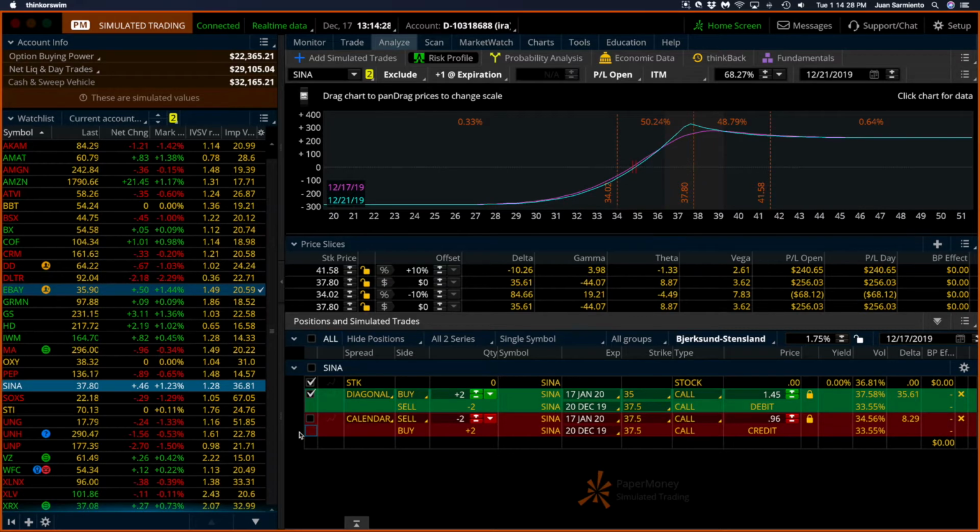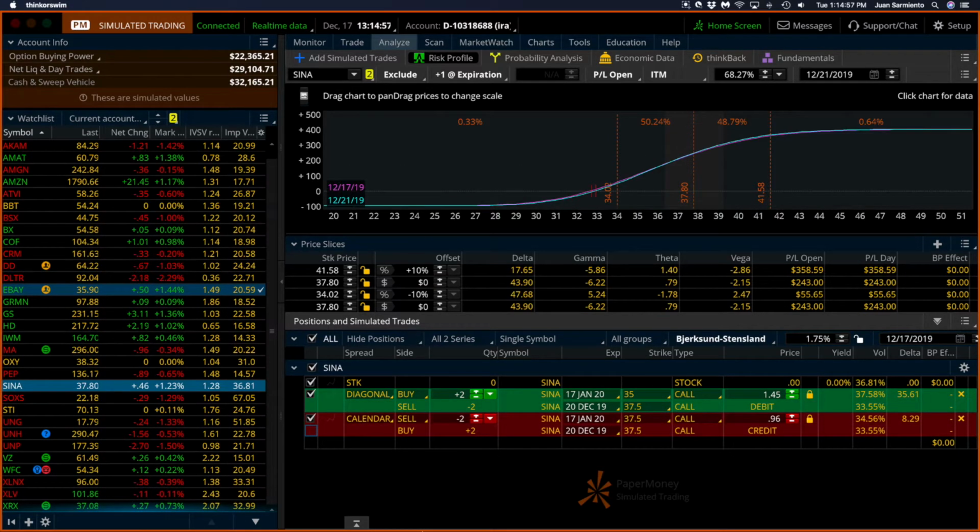Here it is, and I simply transformed it with a calendar spread, which means that my short I bought back with only 2 or 3 days to go, and I sold the equivalent same strike price expiring January together with my long call. And so the resulting trade is this.